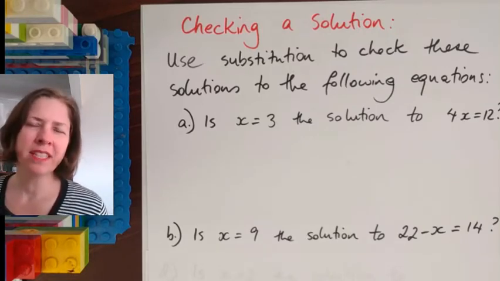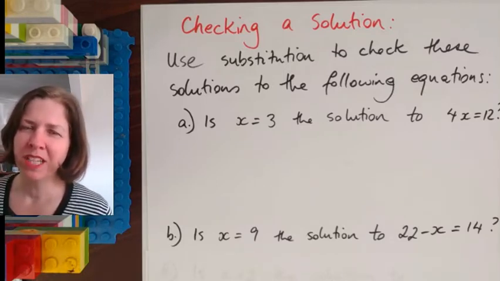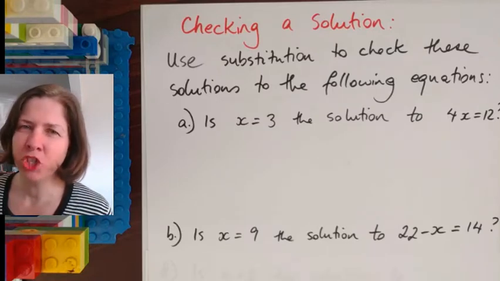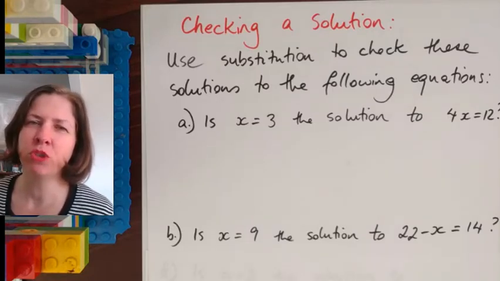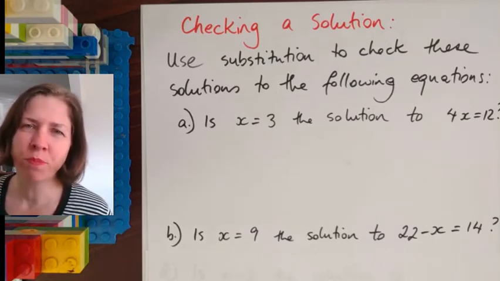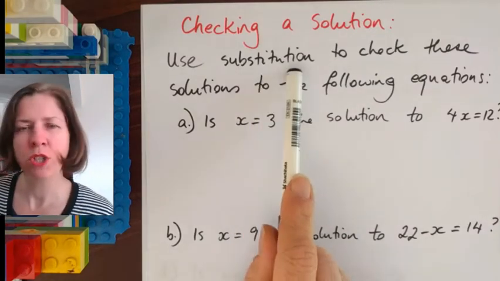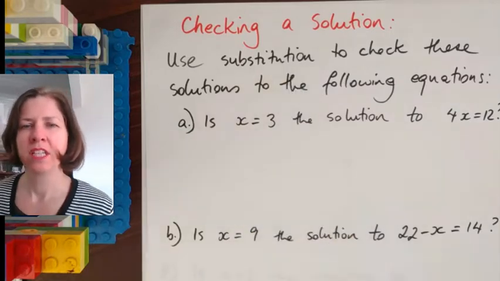Sometimes you find a solution and you're not sure if it's right. Or maybe someone else tells you the answer and you're not sure if you trust them. So you want to have a way of checking that's not the same as just doing your method again. Because if you just do what you did again, if you made a mistake the first time, you'll probably repeat the mistake. So we can use substitution, which we've already learnt how to do, to check.